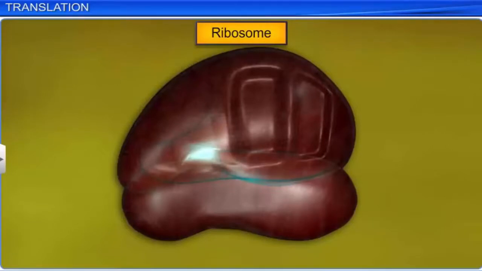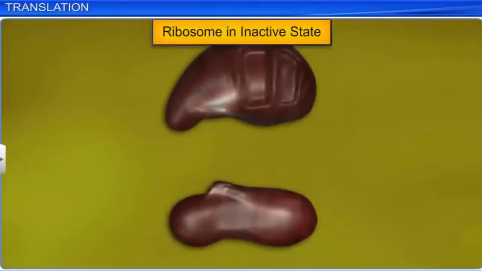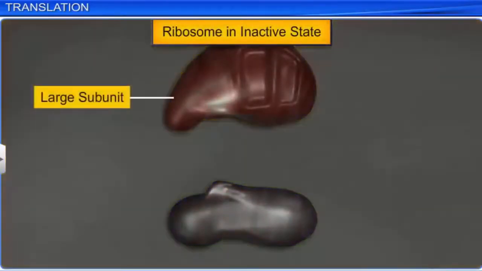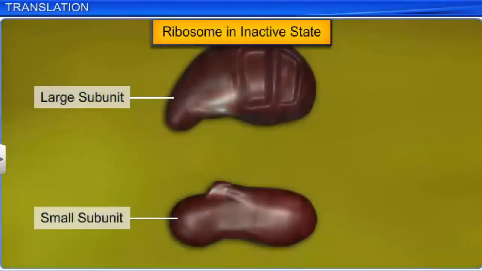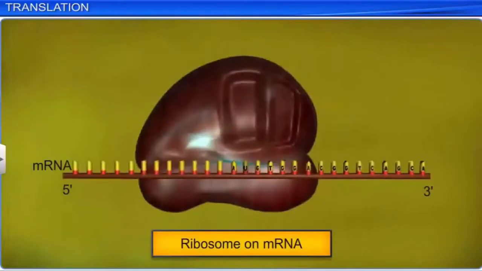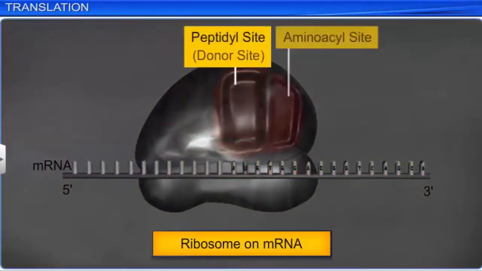In the inactive state, a ribosome consists of two subunits, a large subunit and a small subunit. The large subunit consists of two sites, the P or peptidyl site, also called the donor site, and A or aminoacyl site, also called the acceptor site.